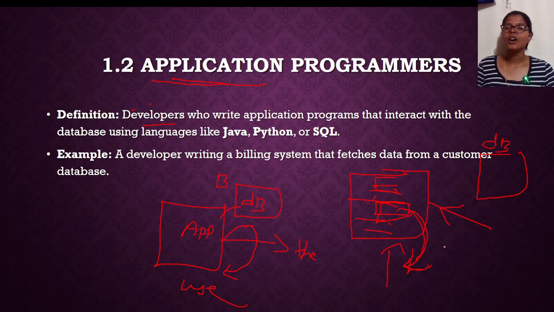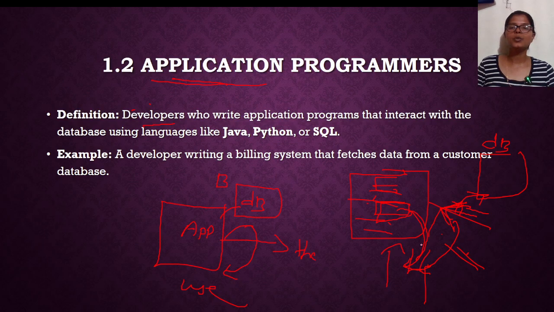So how am I getting my amount, which is stored in the database? At the backend, there is a program which is communicating with the database. Who is writing this program to communicate with the database? The application programmer or the backend developers write the program to communicate with the database and give the result to the user.